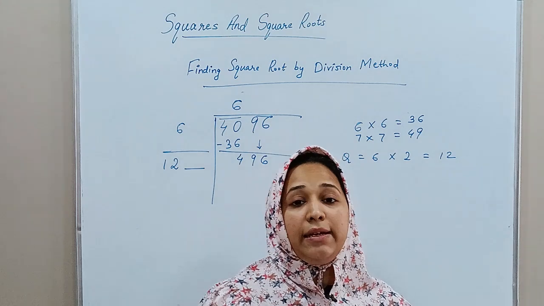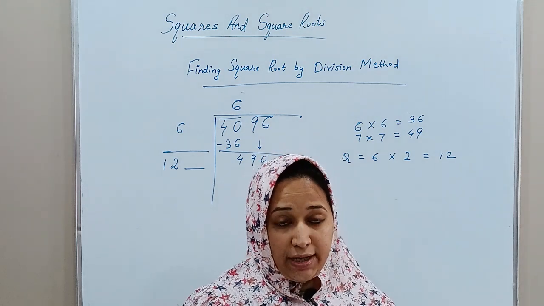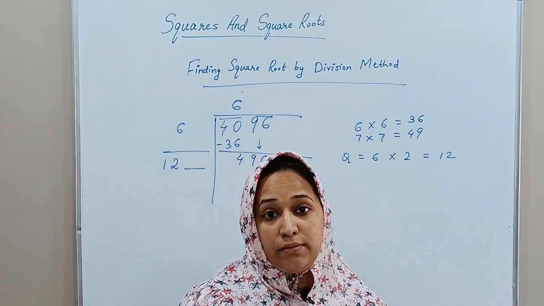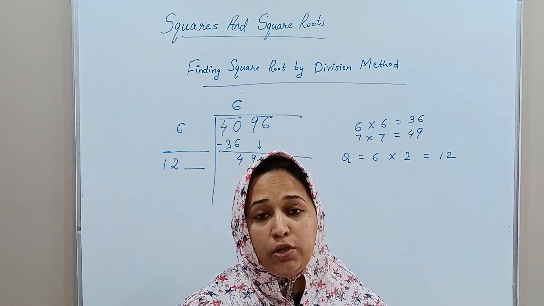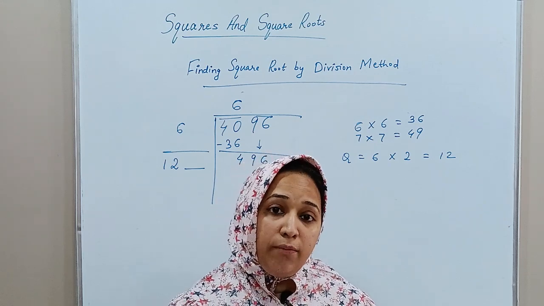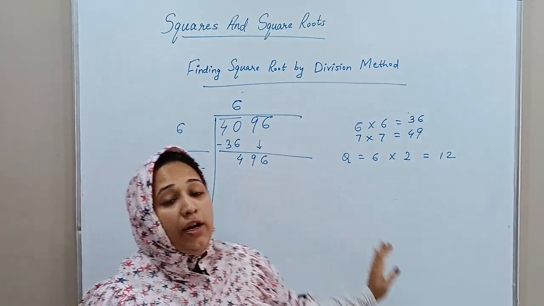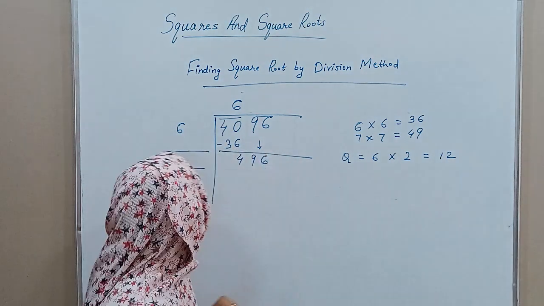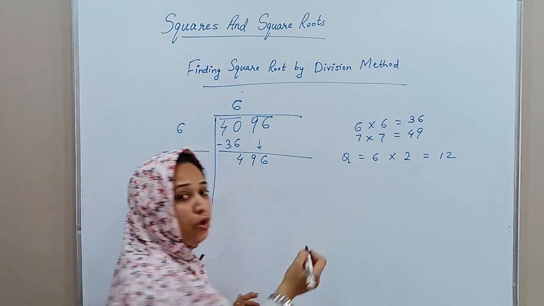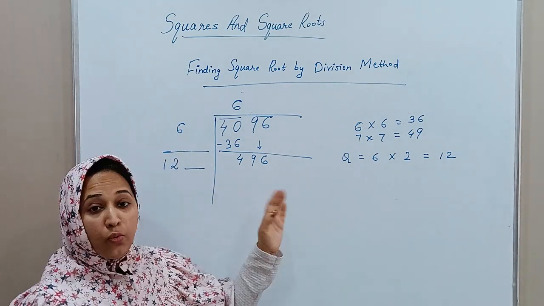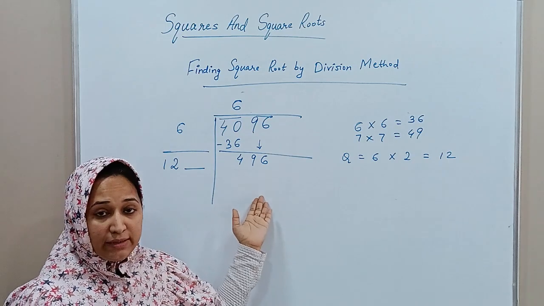Now you can take any digit from 0 to 9 such that when you multiply that number, for example 120 or 121, 122, with the same digit, you get either 496 or a number less than 496. Now 120 into 0 will be 0. 121 into 1 will be 121, which is less than this.